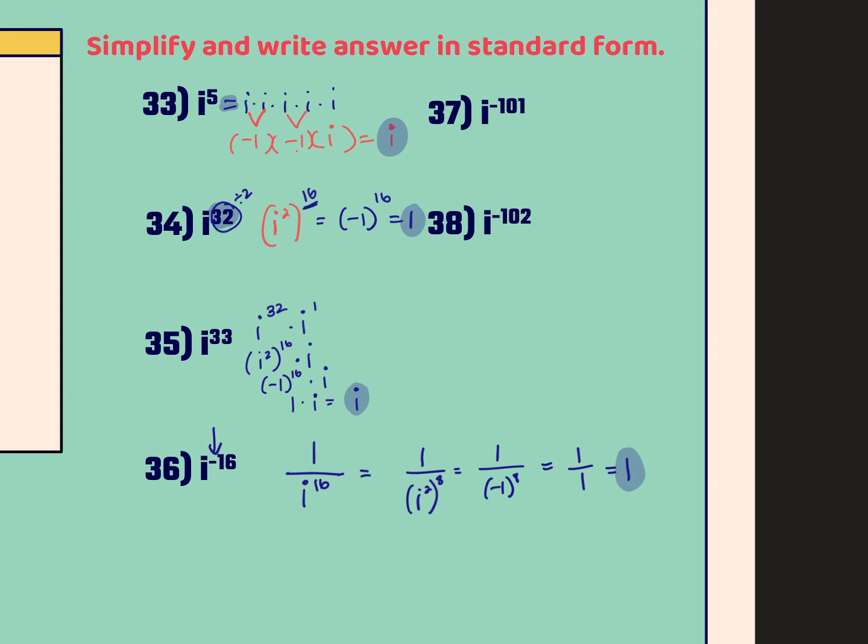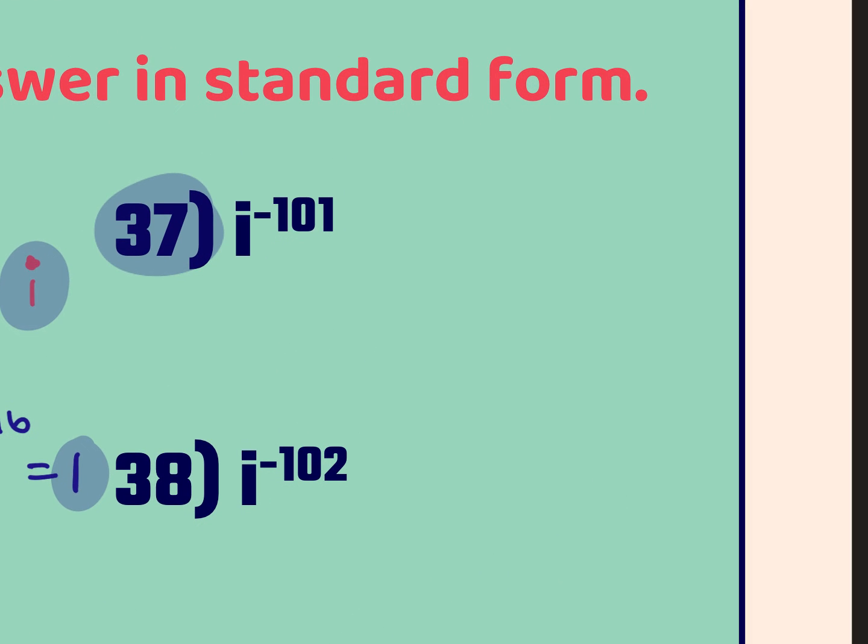We're going to do one more, and then we'll go back to 38 tomorrow. So 37, i to the negative 101 would be 1 over i to the positive 101.